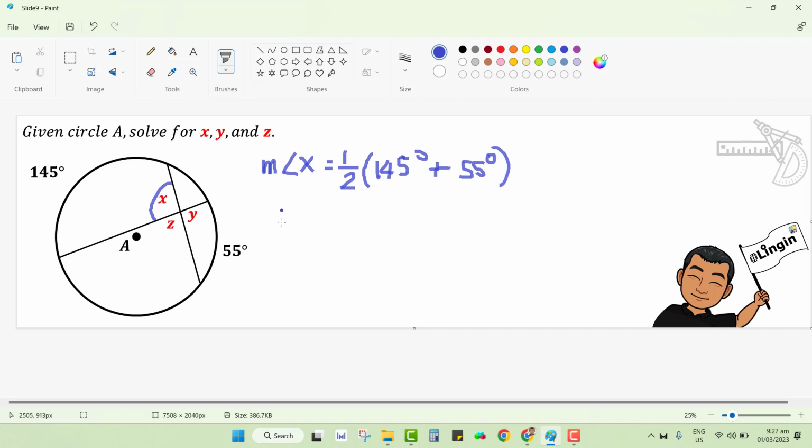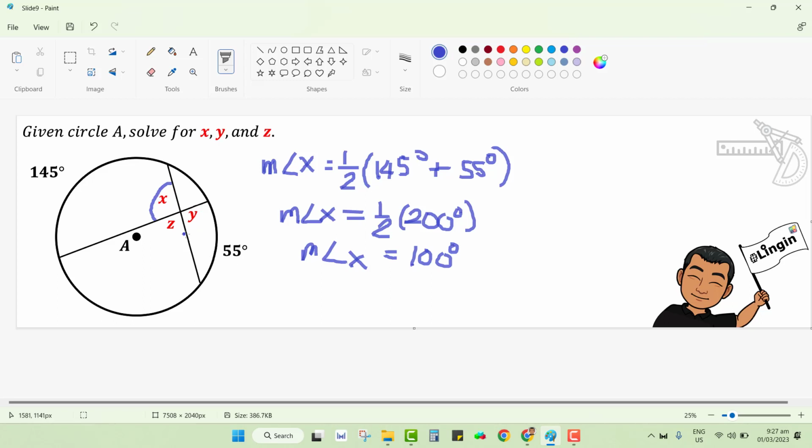So the measurement of angle x will be solved in this manner: 1/2 times the sum of the two arcs, which is 200 degrees. Therefore, the measurement of angle x is half of 200, which is 100 degrees. This is how we solve the measurement of angle x.